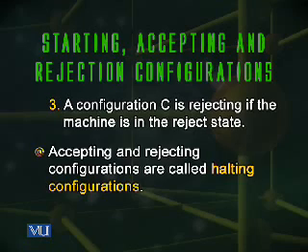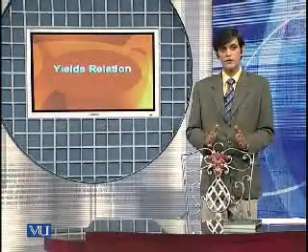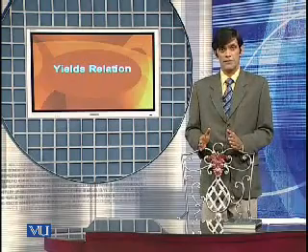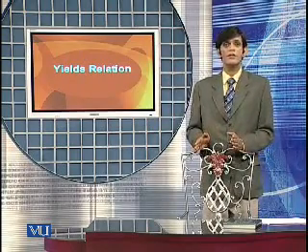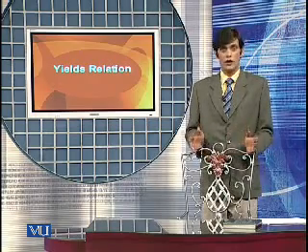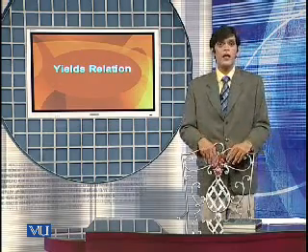The accepting configurations and the rejecting configurations are also called halting configurations. Halting means that the machine has stopped performing its computation. So the accepting and rejecting configurations together are called halting configurations.